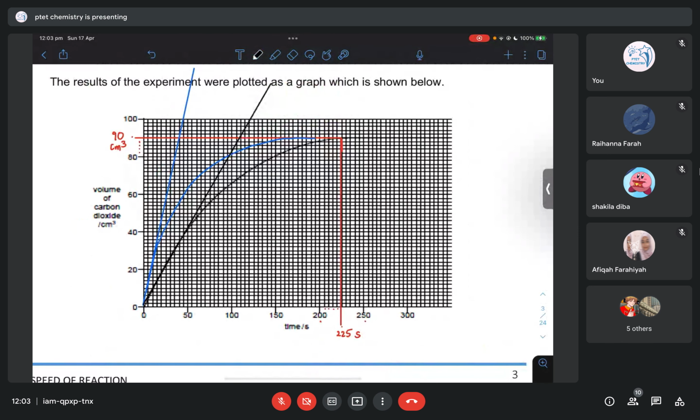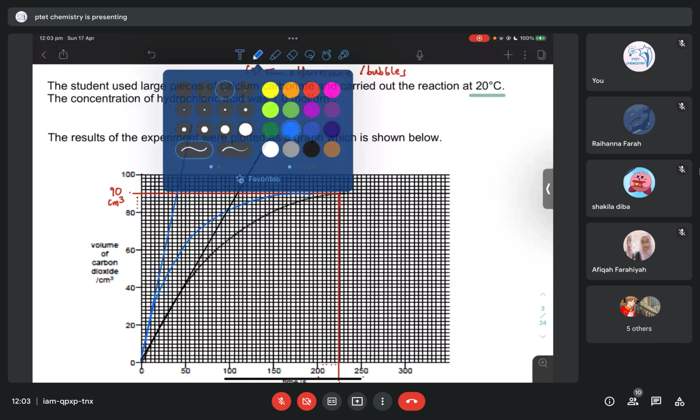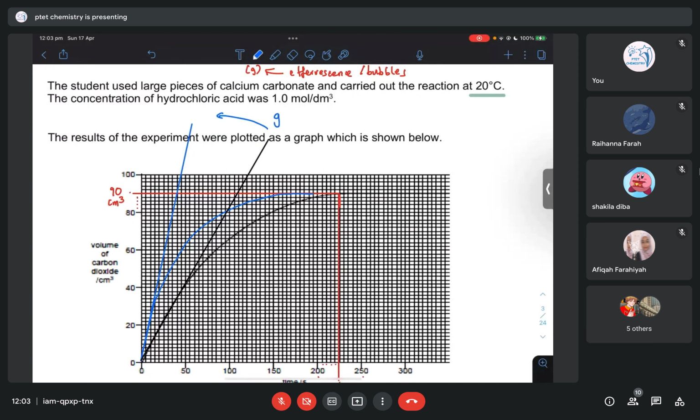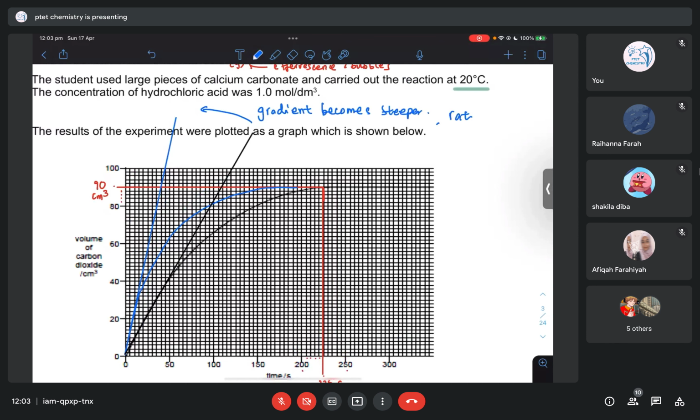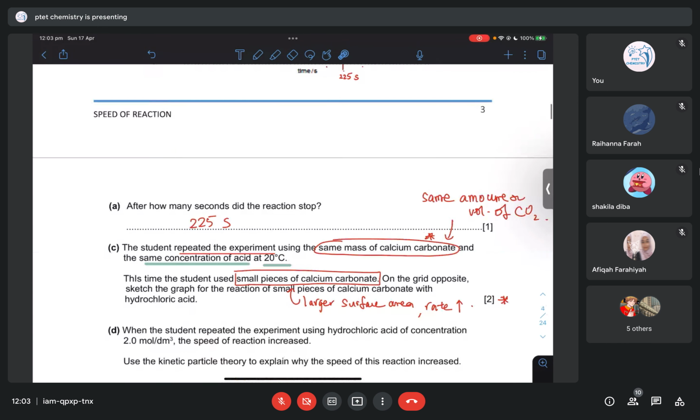As you can see, the gradient becomes steeper. The gradient is to do with the change in amount over change in time. That is to do with rate of reaction. So your rate is faster. And that is true because you are using a powdered form of the calcium carbonate, and that one will have a greater rate of reaction.